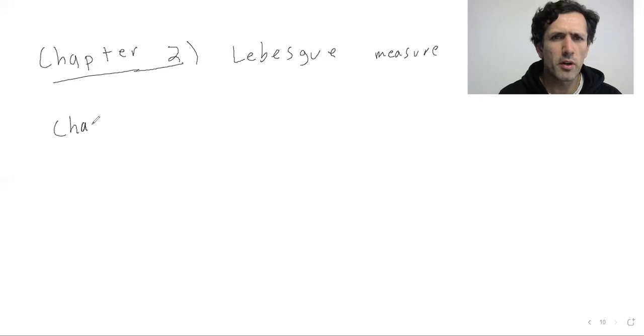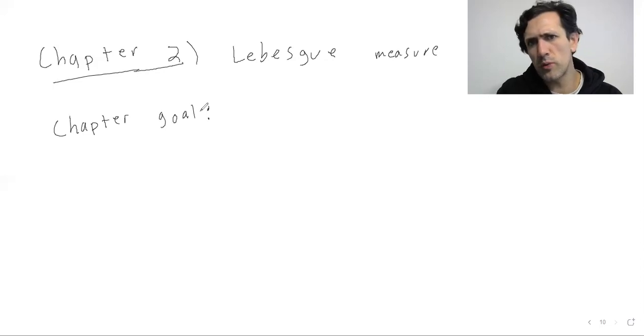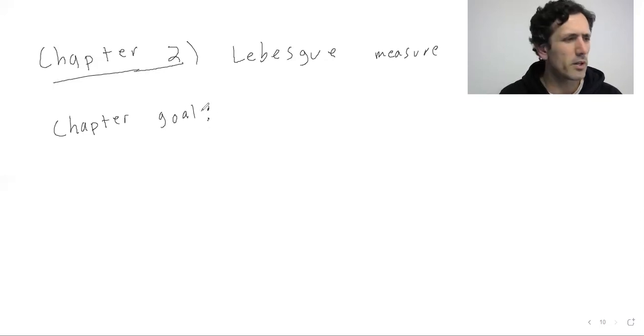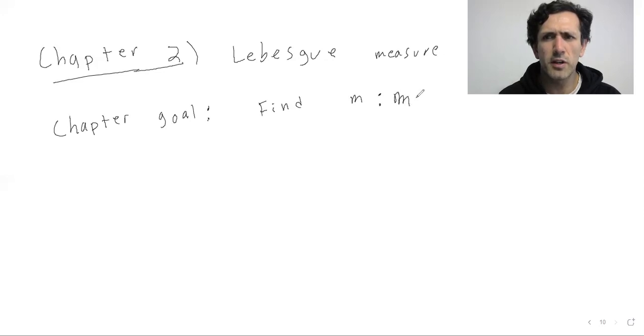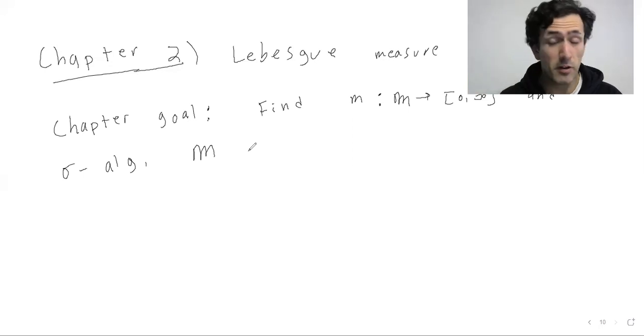State the chapter goal. The chapter goals basically do what we talked about in this video and the previous video. That is, find this length function, and the sigma algebra of measurable sets, sets that we can measure the length of, that this little m is well defined on.